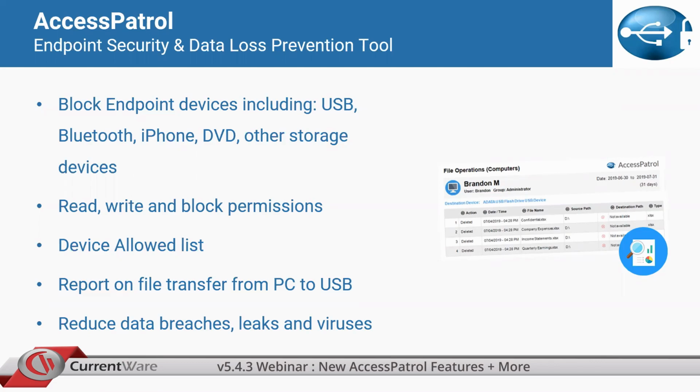Blocking endpoint devices including USBs, Bluetooths, iPhones, etc., being able to limit read, write, and block permissions, enabling device allowed lists, and complete reporting on all of these functions and activities have made Access Patrol one of our most popular products, but also one of our fastest growing. And this was the focus of the 5.4.3 release.